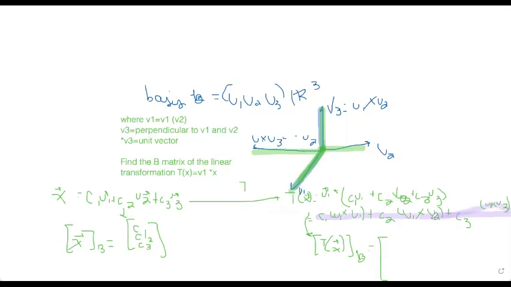We just went through all that trouble of drawing this graph right here, right? So C1 of V1 cross V1, well, that's going to be 0, right? Because V1 cross V1, they cancel out. This one, right, is going to be C2 of V3.